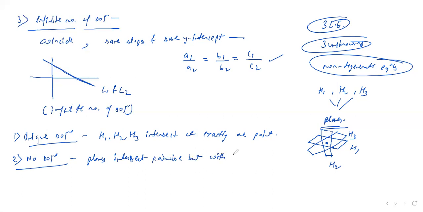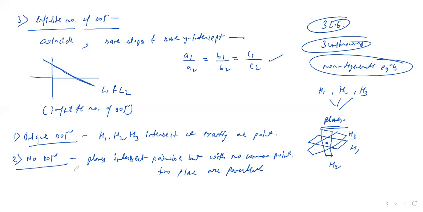They don't intersect at any common point, or you can say that maybe two planes are parallel. Any two of the planes are parallel. In this case we will have no solution.